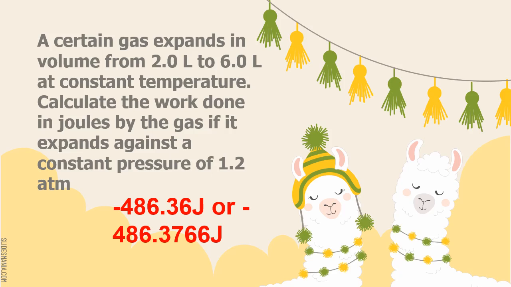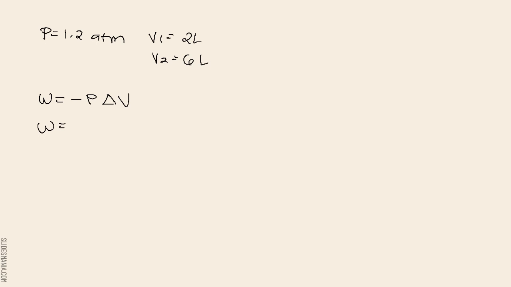So let's calculate it together. Your pressure is equal to 1.2 atm. Volume 1 is 2 liters. Volume 2 is 6 liters. Our formula is work is equal to negative P delta V. So it's negative 1.2 times 6 minus 2 liters.